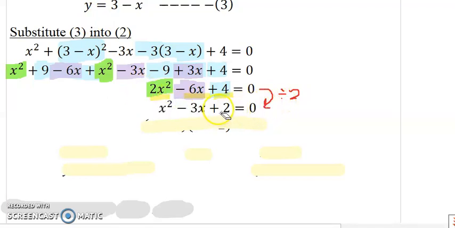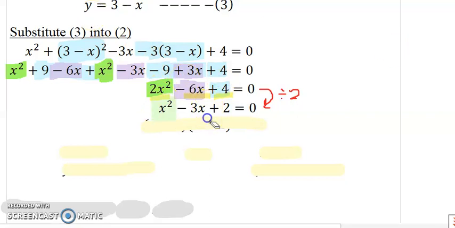The reason I'm doing this is so that when I do factorization, the answer will be correct. The factorization answer depends on your calculator, so in order that your answer tallies with the calculator answer, I suggest that we make the x squared term have a coefficient of 1.